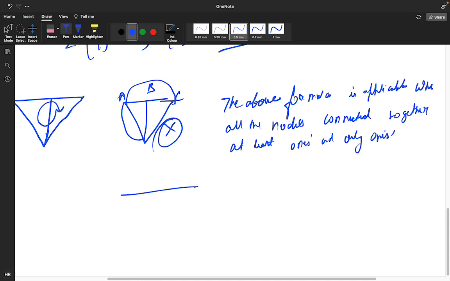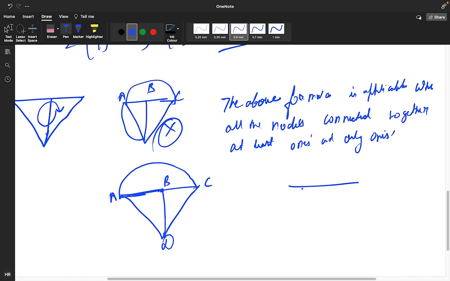Like I'm giving you this graph. This is node A, this is B, this is C, this is D. A is connected to B only once, B to D only once, A to D, C to D, and A to C. So there is only one connection between any pair of nodes, and all nodes should be connected at least once and only once.